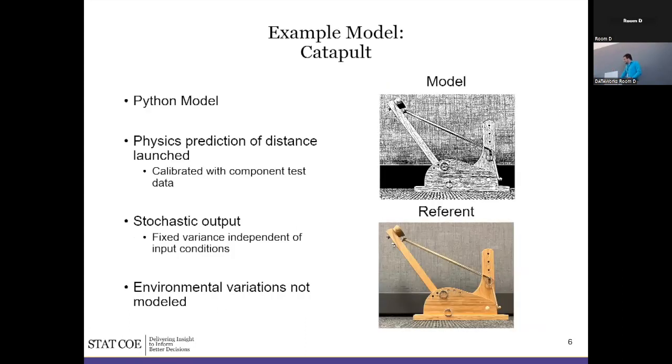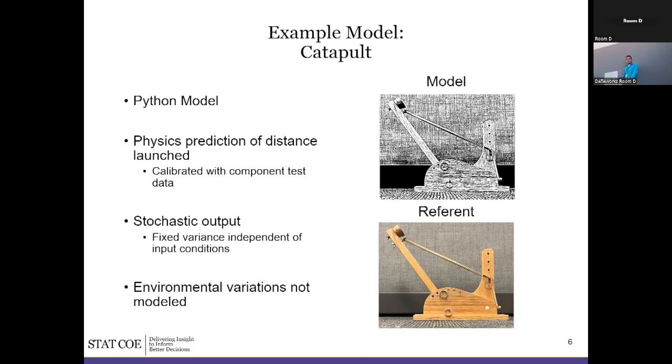Here's our example. Again, a simplified example, we have a model of a toy catapult. And as a note, we're looking at how our assessment metric works, not how the system itself works. So there are problems with our model, and we intend for our paradigm to be able to show those problems for the sake of being able to diagnose and understand the risks associated with our model.